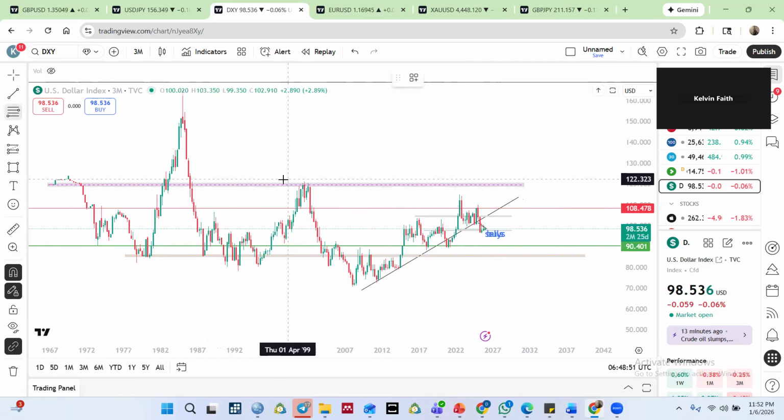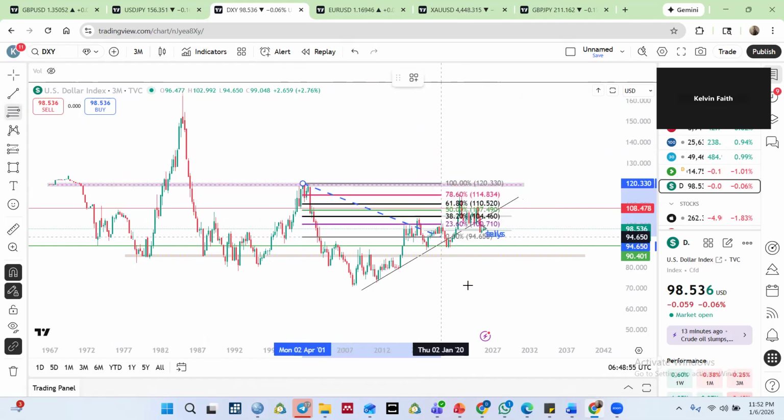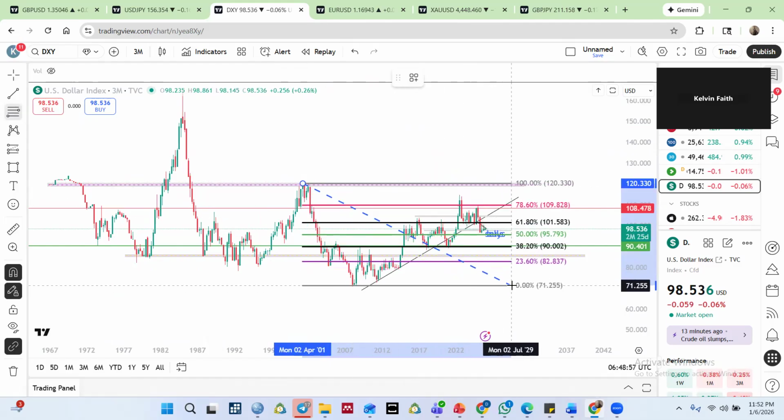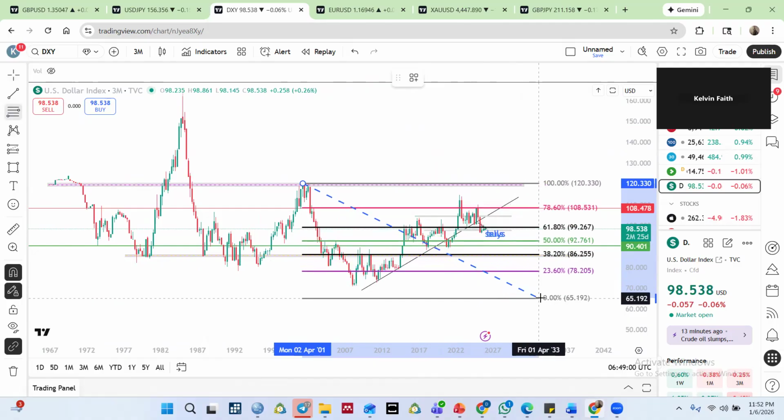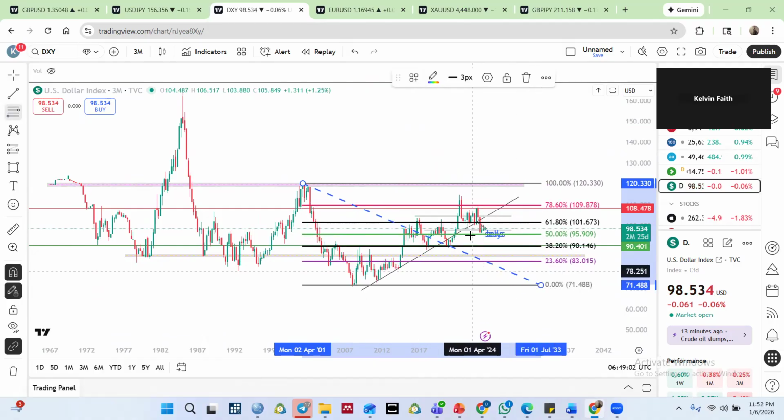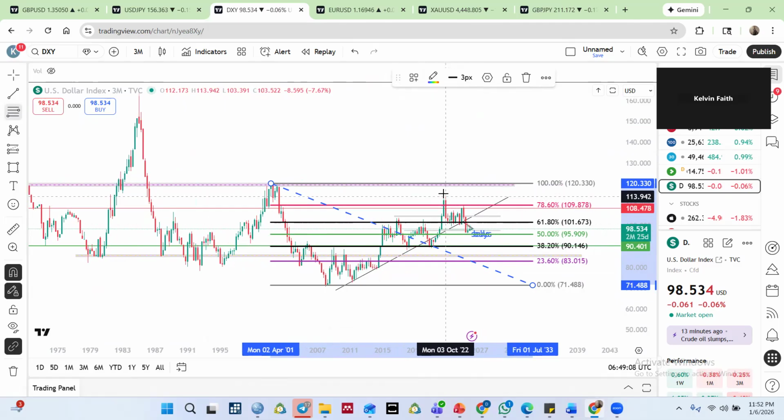So if I take my fib from this lower high to the lower low, swing high to swing low, and measure it this way, I can see that we have price pulling back into deep premium, which is 78.6%, a little bit of a break into like 80%.